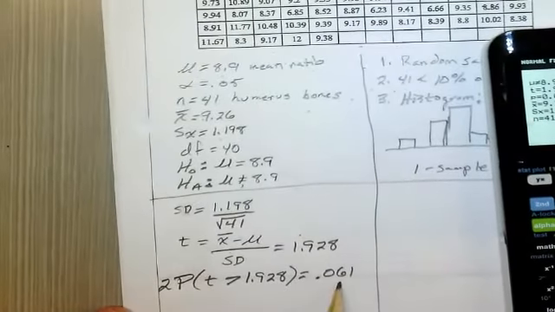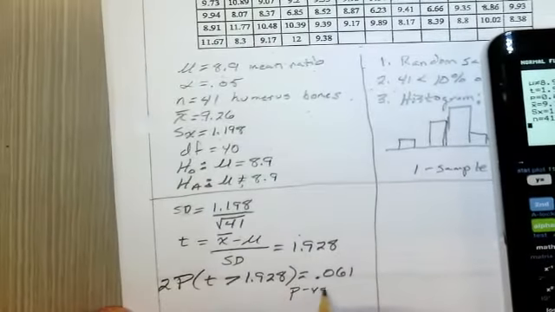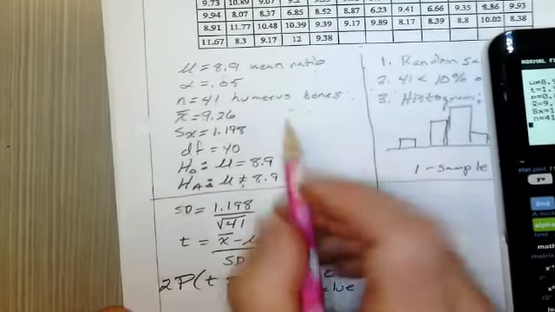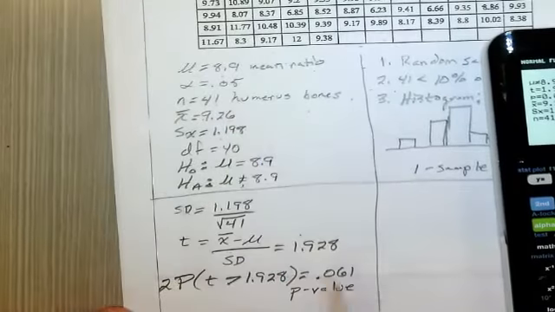Okay, now here's my p-value, my probability value. Well, compared to alpha of 0.05, this is bigger.